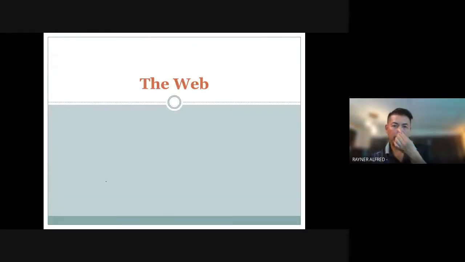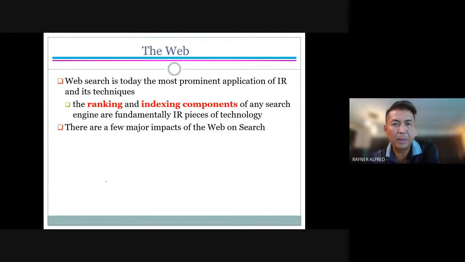Okay. So this is the last section, the web. The web has, I think, the greatest impact on our life. Because of the web, we have more unstructured data. I think most of you know that in the whole collection of data, 90% of our data is coming from unstructured data.